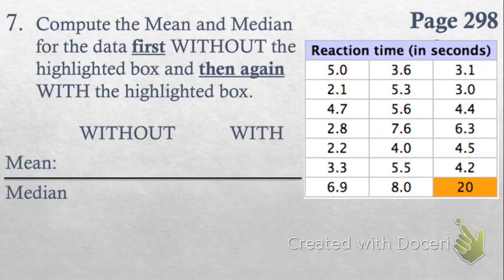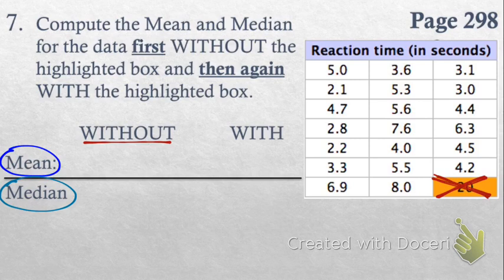And I want you to look at the data there that's in the table. First, I want you to calculate the mean and the median without this highlighted value, as if that highlighted value is not there at all.